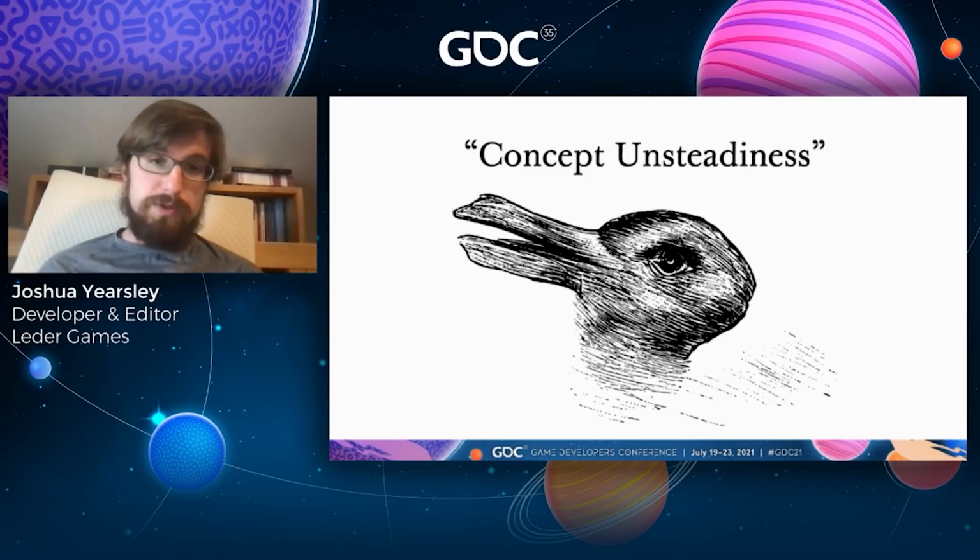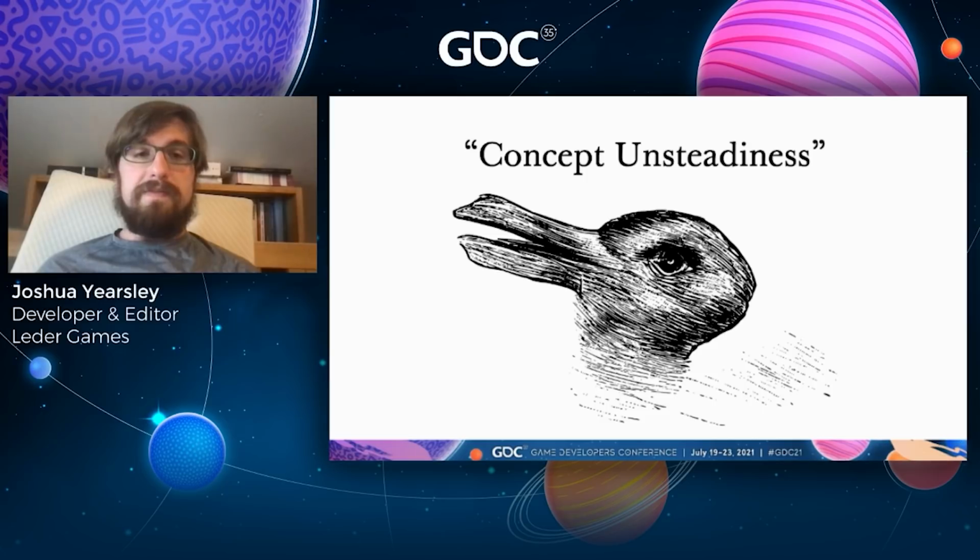And so an optical illusion is one example of concept unsteadiness, but this applies broadly throughout many different fields. It can apply to just concepts, to just ideas. It doesn't require a specific sense. And a very fun thing about this optical illusion that I only learned about a few years ago was just how context dependent this illusion was.